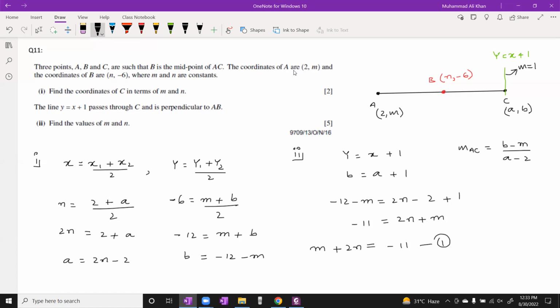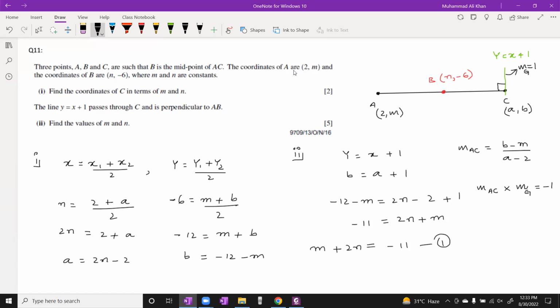Can I write gradient of AC multiplied by gradient of the green line, let's say mg, equals minus 1 because they are perpendicular to each other. And if lines are perpendicular, then the product of gradients will give you minus 1.